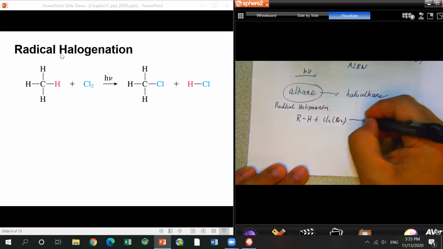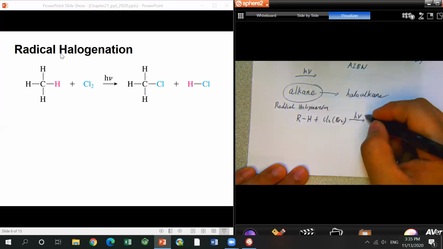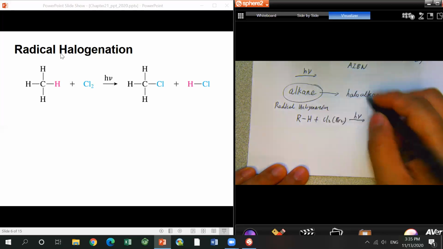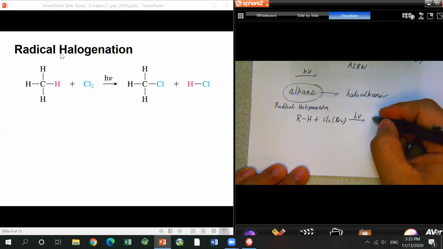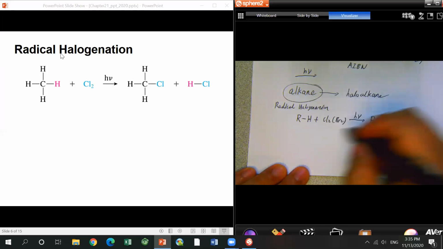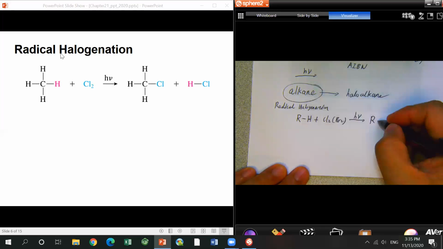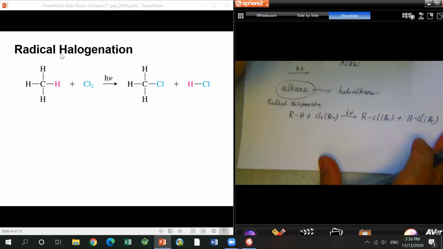Then you can use UV to initiate the radical reaction, or you can use heat with a radical initiator. Both are fine. Once the reaction is done, it's a substitution reaction: one hydrogen from the alkane is replaced by a halogen, Br or Cl, and the H picks up another hydrogen. So that's the overall reaction.